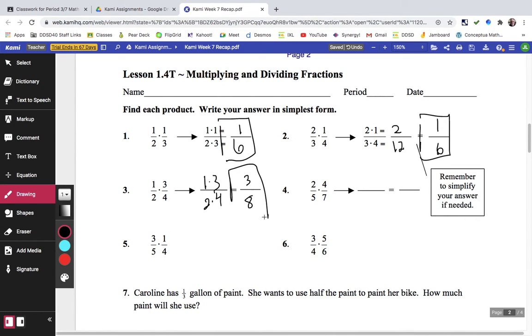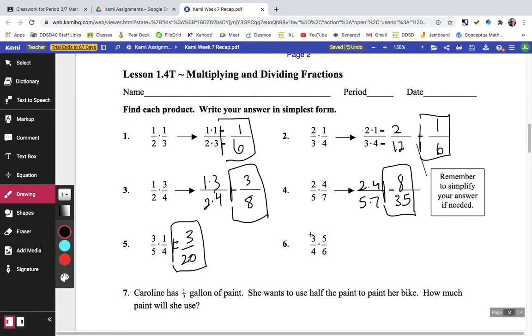That cannot be simplified. 3 and 8 do not have any common factors. 3 times 1 is 3, 5 times 4 is 20. Again, no common factors. We'll do the shortcut on this last one. We could do it here, but there are no common factors, nothing to factor out. So we'll just do 2 times 4 and get 8, and 5 times 7, and that's 35.